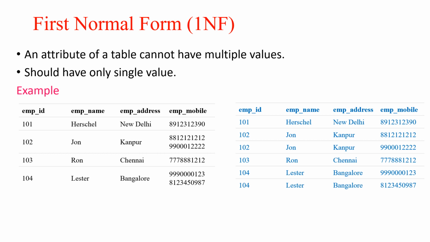To make this table into the first normal form, the table should look like this. For John, we have two rows with employee ID 102 and 102, then employee name, employee address and a different employee mobile number, and also for Lester we have two entries in the database. So this is a normalized table for the first normal form.